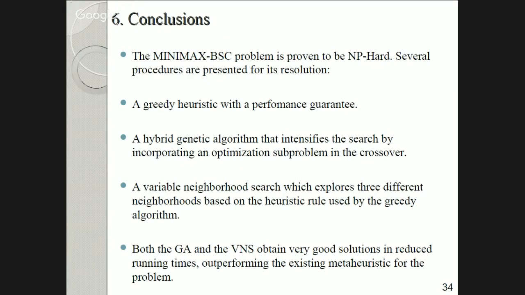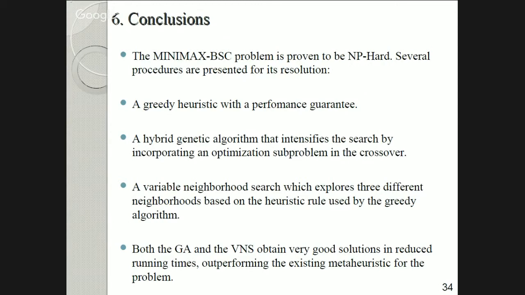To conclude, I've discussed the complexity of this problem, and given that it is NP-hard, we proposed some metaheuristics and heuristic algorithms for its resolution: a greedy heuristic with a performance guarantee, a hybrid genetic algorithm that uses an optimization subproblem, and a variable neighborhood search that is based on the heuristic rules presented in the greedy heuristic.